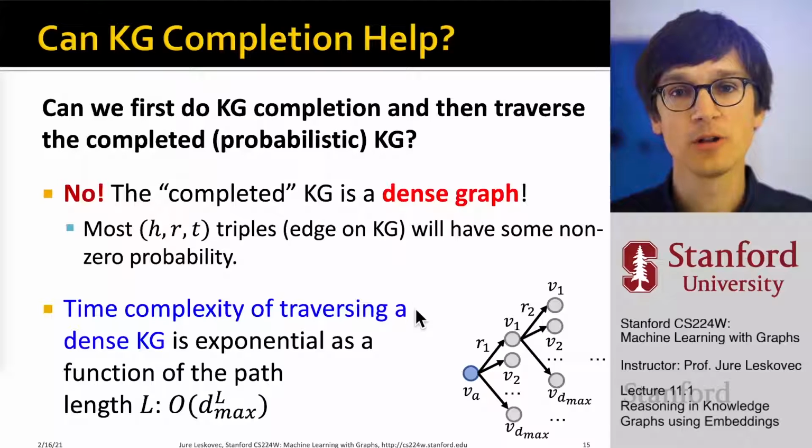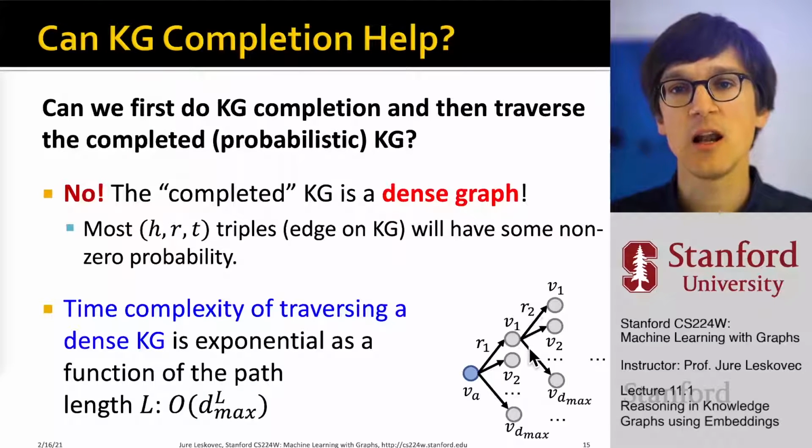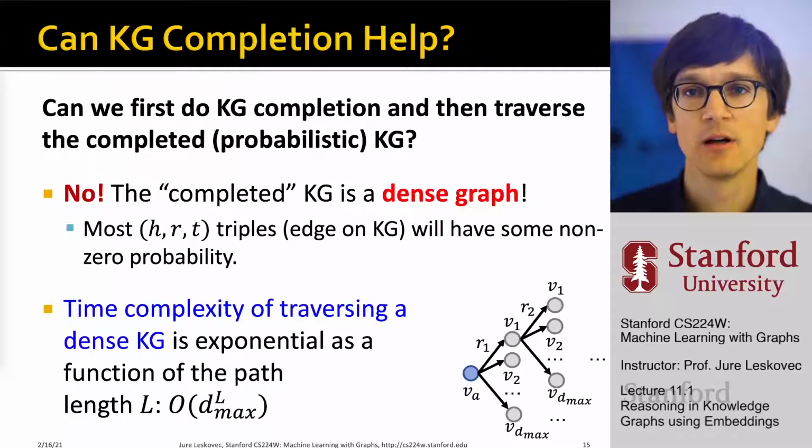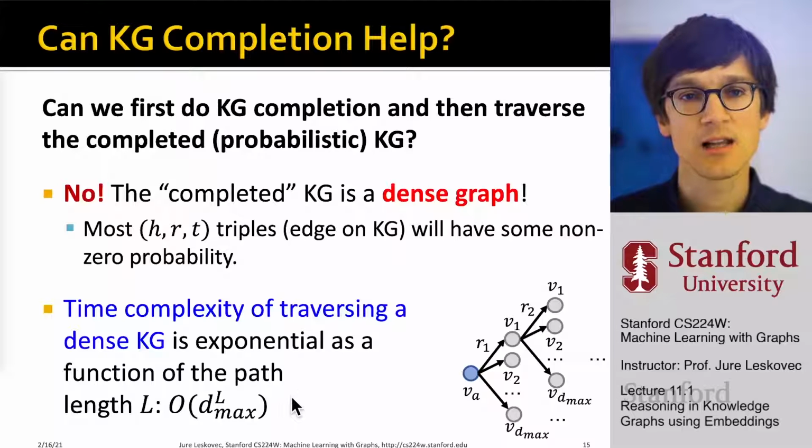Because if you think about starting at an entity, moving along a given relation, and then getting to a set of nodes, moving to the next relation, to a new set of nodes, this will explode exponentially with the length of the query.